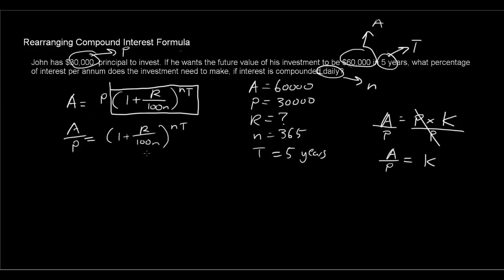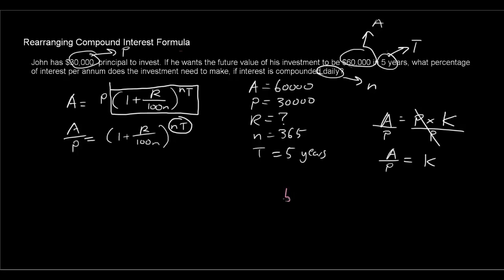So now we want to make R the subject. Okay, so I'm just going to do another example here. Now as you can see, we have the index notation. So this term raised to the power of NT is equal to this term. So I'm just going to do another example using a different color to show you.